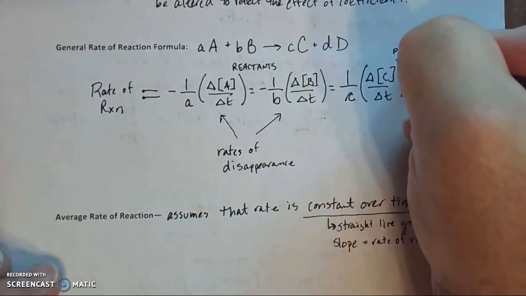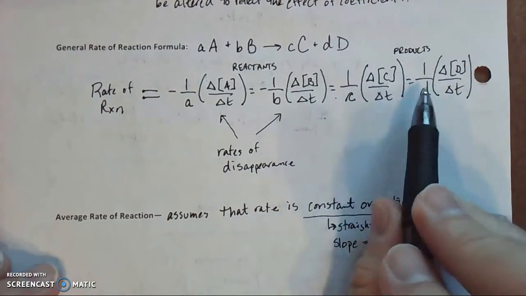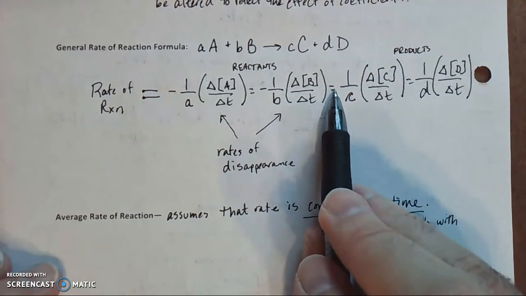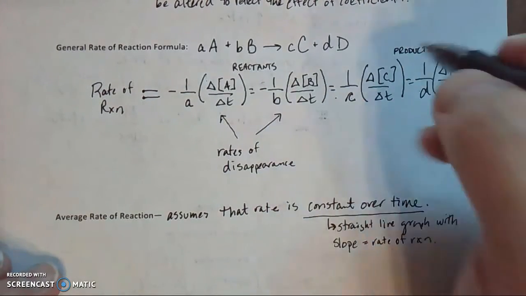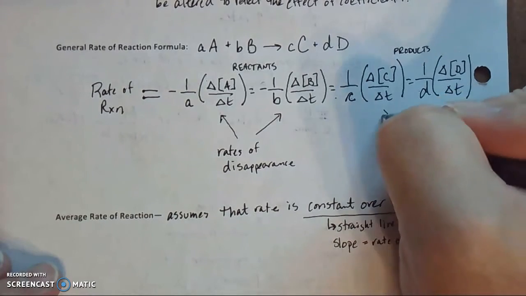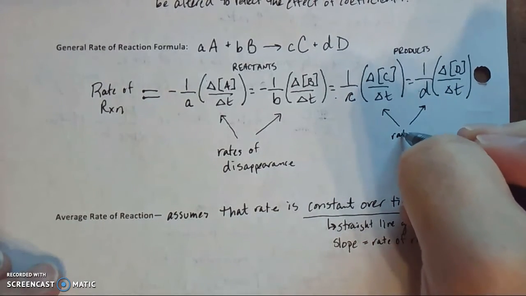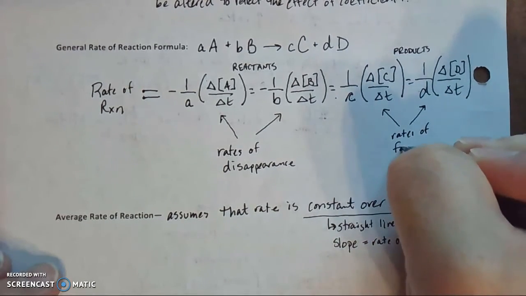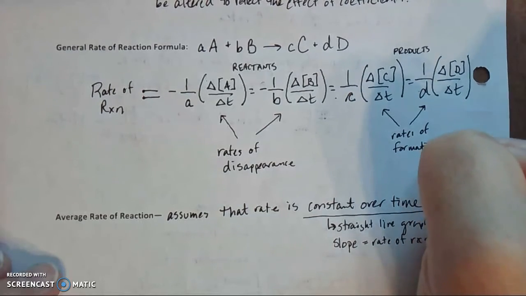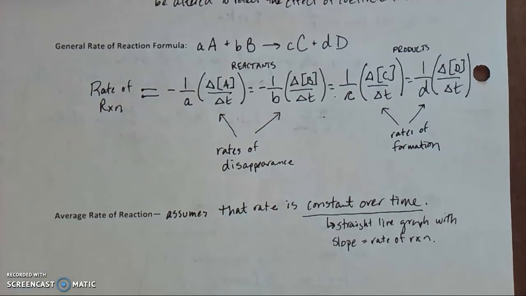These two over here are products. They have a positive value in front of it, so we don't write it, but these would be positive. These are the rates of formation because these substances are being formed during the course of the reaction. So these are the terms that we're going to use in example problems.